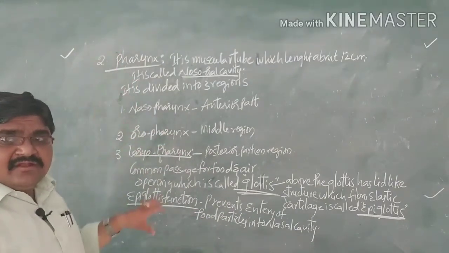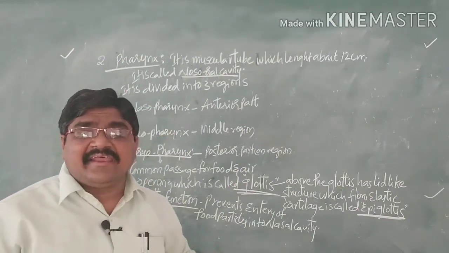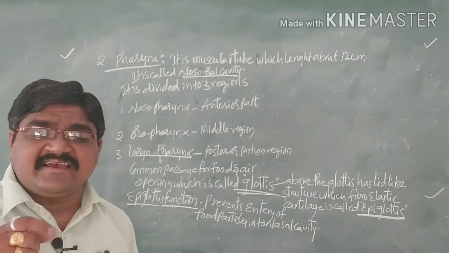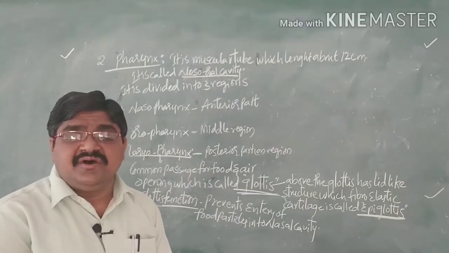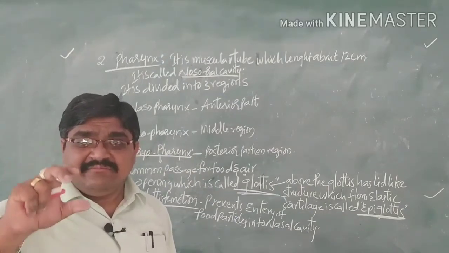Next, coming to the third one, the larynx. The pharynx is connected to the next muscular tube, called the larynx, which is about 5 centimeters in length.